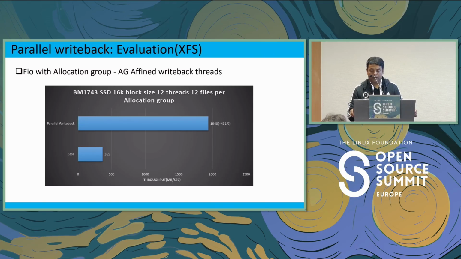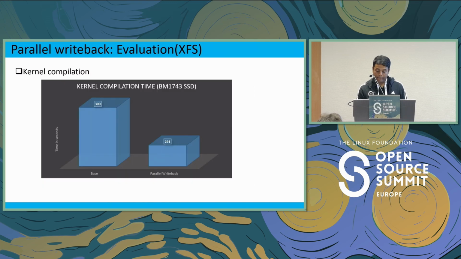Here we see about 5 times the IOPS, and it is almost saturating the device. The device saturation is about 2,000 megabytes per second, and we are almost reaching there. Otherwise, in the base case, you see only 365 MBps is what it was providing earlier without the parallel write-back.